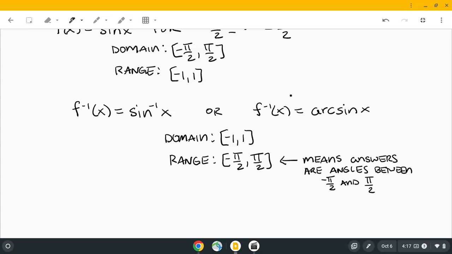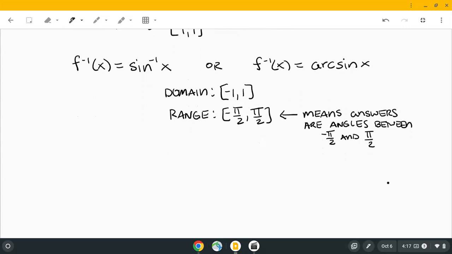Okay? So whenever they ask you to evaluate this, we better not see an answer like 175 degrees. That's outside of your range of answers.